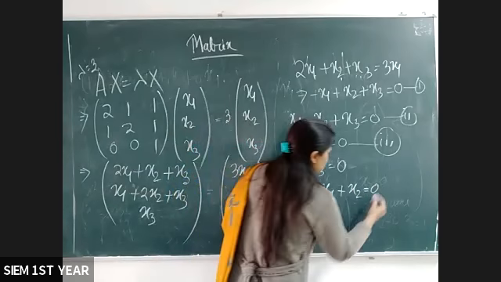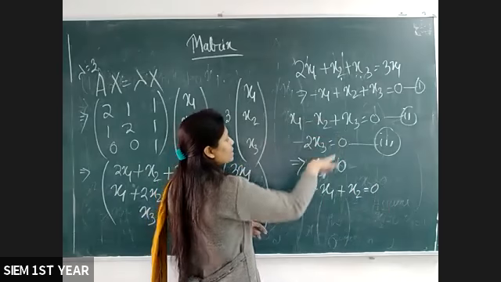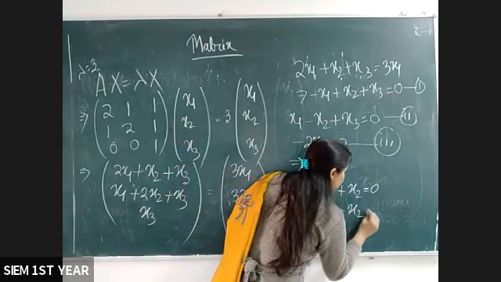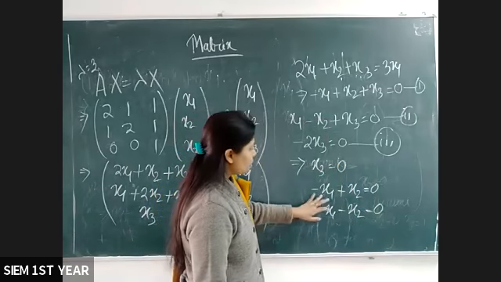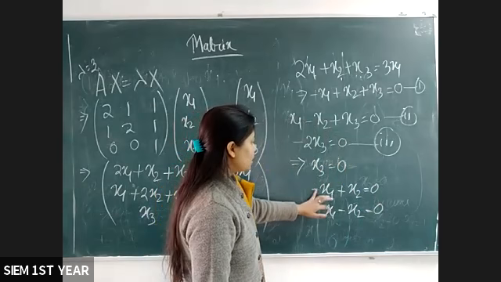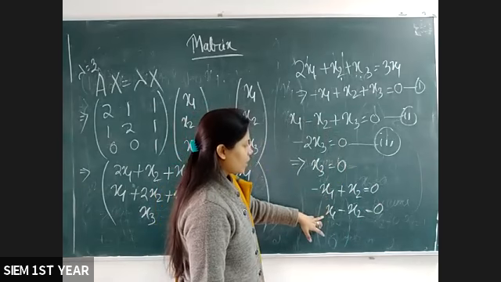And in the next equation, if you put x3 is equal to 0, you will get x1 minus x2 is equal to 0. Okay, now these two equations are the same, just a sign change. If you take minus 1 common, then you will get the second equation.